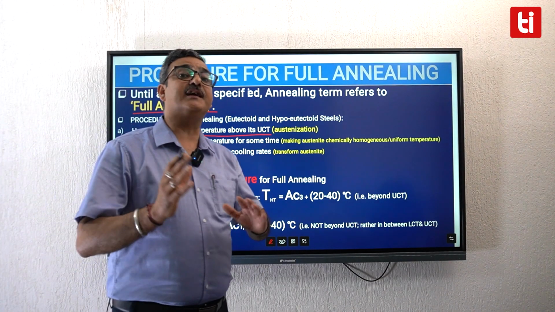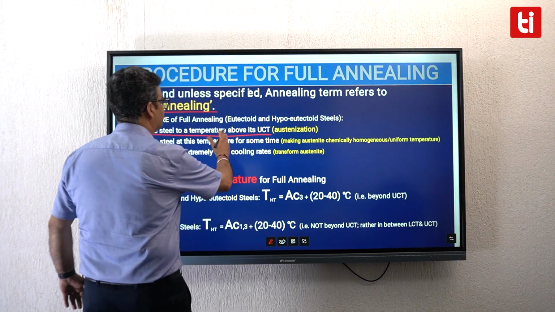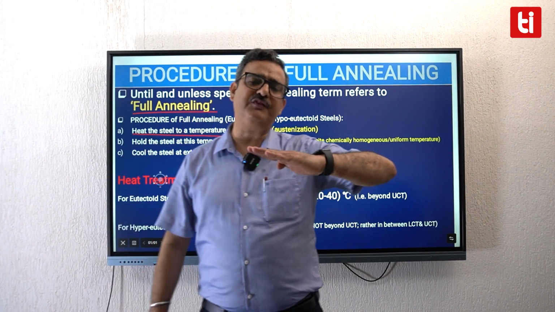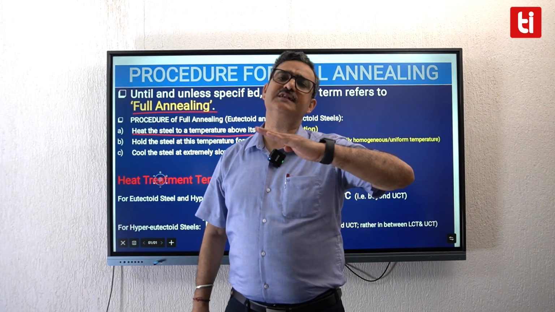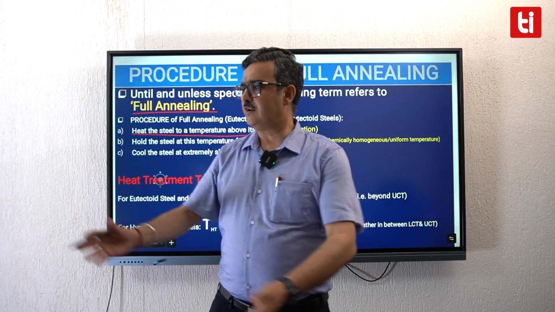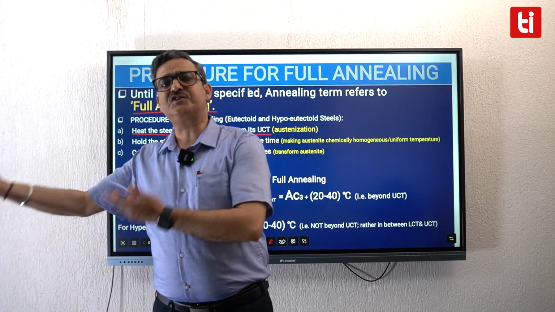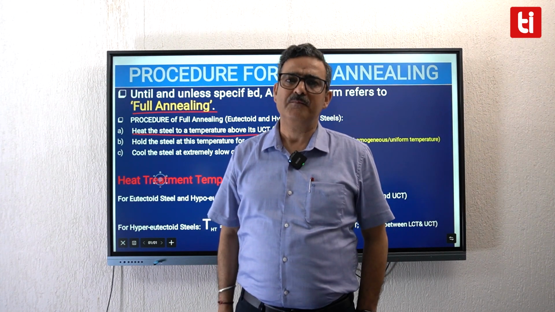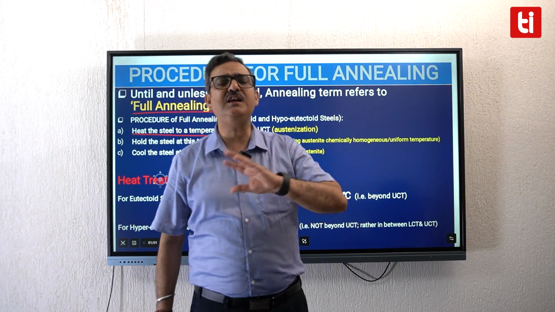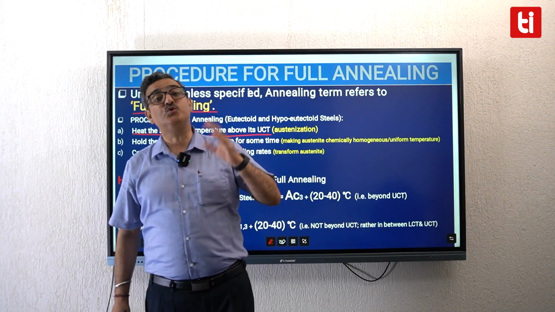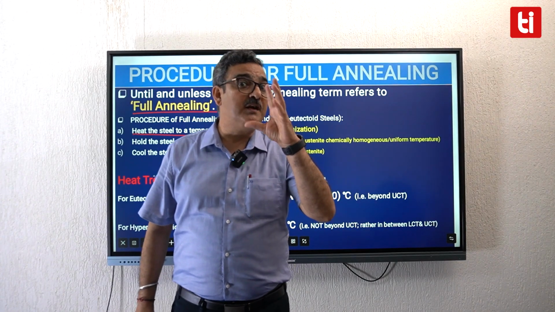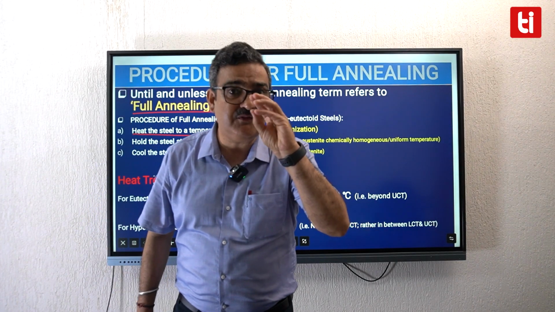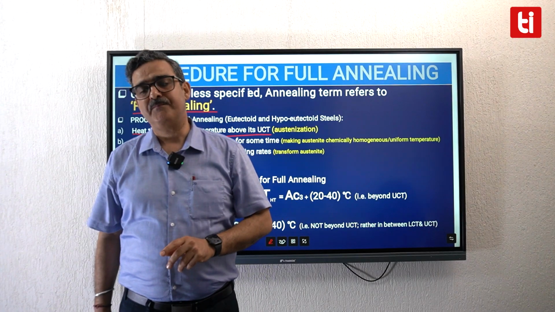Students, the heating rate varies. One student may say I will follow a very slow heating rate of 15 degrees centigrade per hour, but another student has an induction furnace in the industry and can go at 100 degrees centigrade per minute. So heating rates are generally not very crucial in affecting the microstructure of a steel. Yes, a very fast heating rate will lead to a slightly finer grain size.